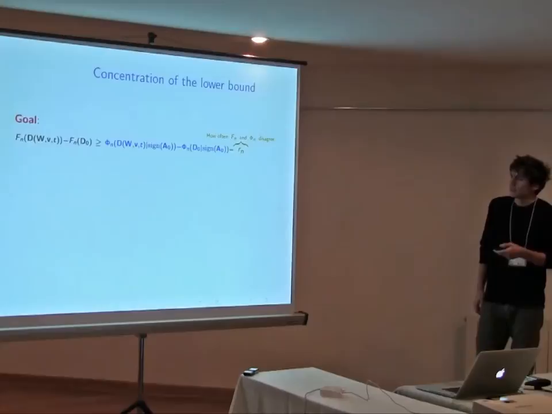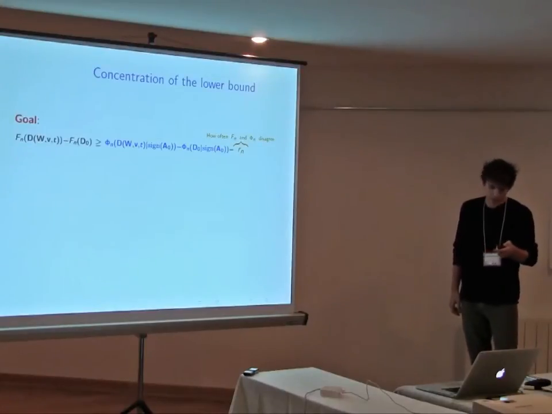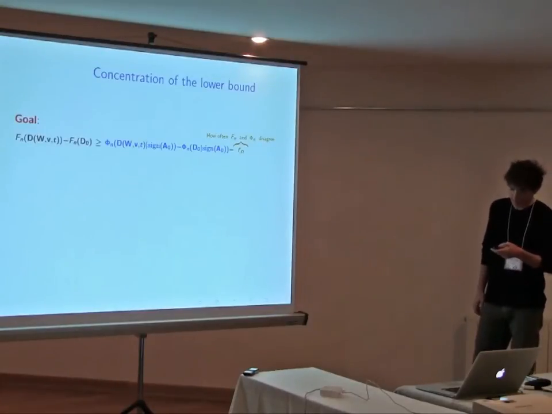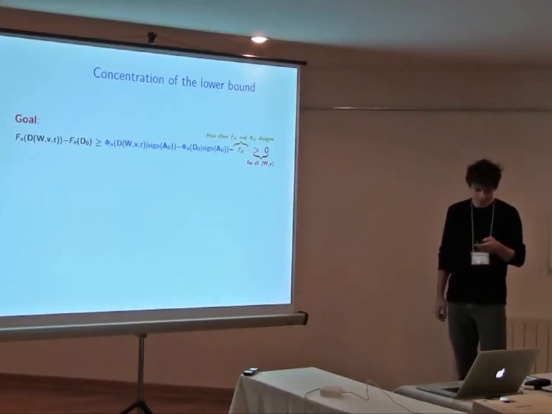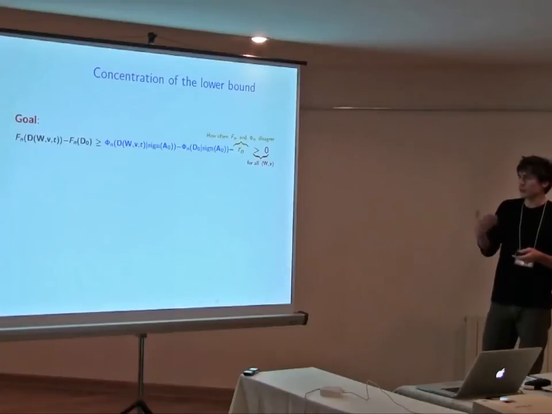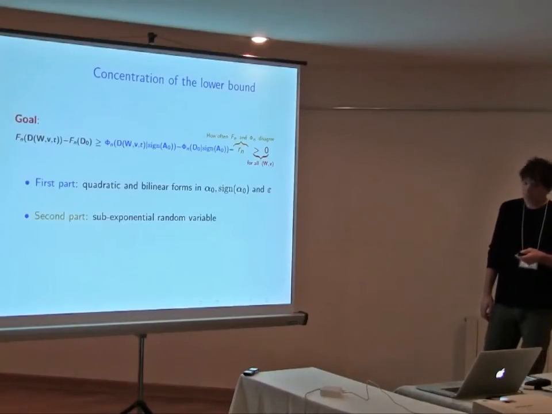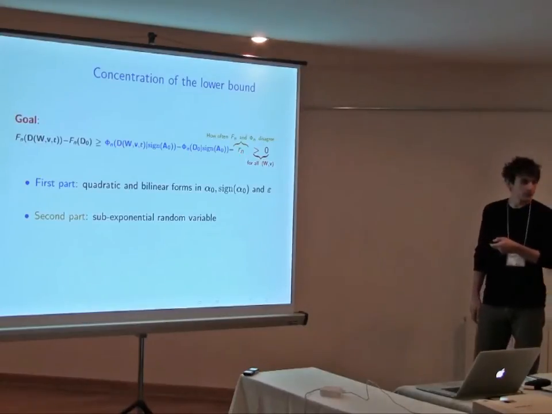Alright. So let's get back to our objective. We have seen that we wanted to prove that this lower bound down here is strictly positive for all directions indexed by W and V. In fact, with some careful computation, we can pretty simply handle the concentration and the probabilistic control of the blue term here and the orange term here, based on some standard techniques.